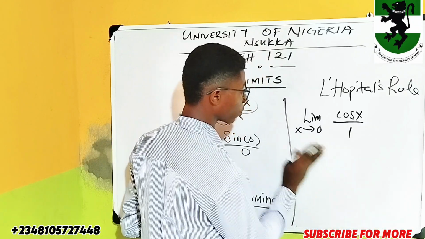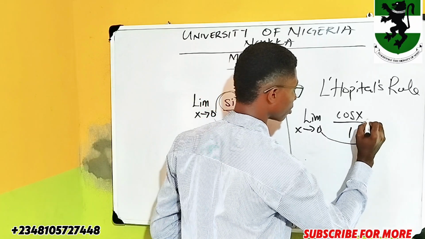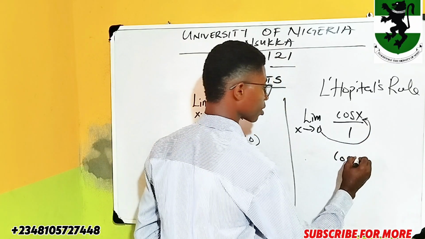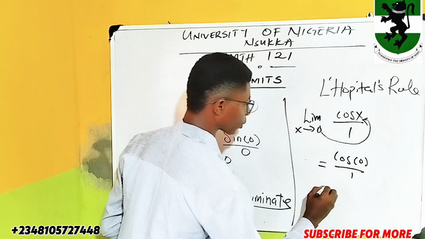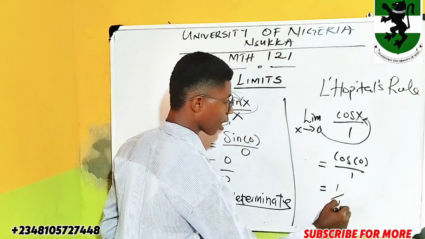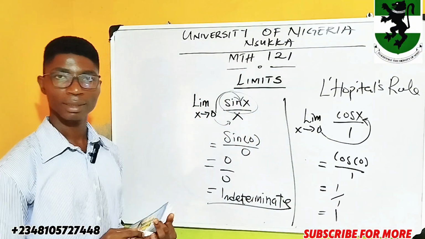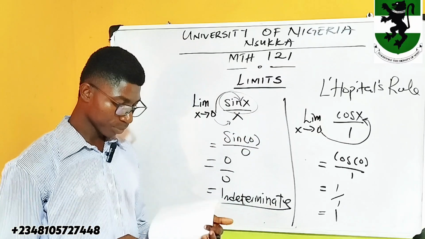So I'll substitute 0 into this expression in place of all the x's. I have cos 0 over 1. Cos 0 is equal to 1, over 1. So my final answer is equal to 1. This is the solution to this limit question.